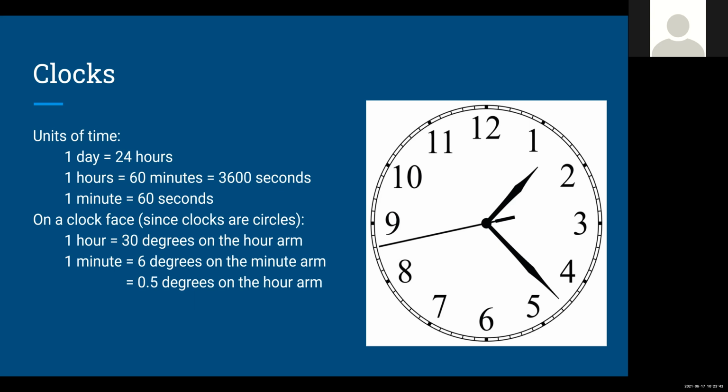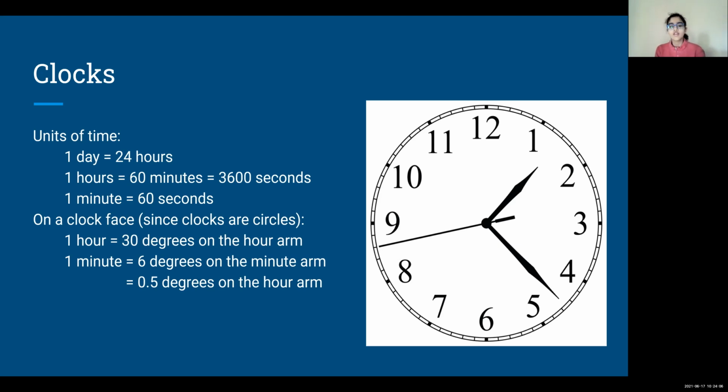It's not often that they're going to ask you about the minute difference on the hour arm. It's mainly good to know that 6 degrees are on a minute arm and 30 degrees on the hour arm. Usually they won't specifically ask you for the degrees on the hour arm. However, many questions can still apply it.